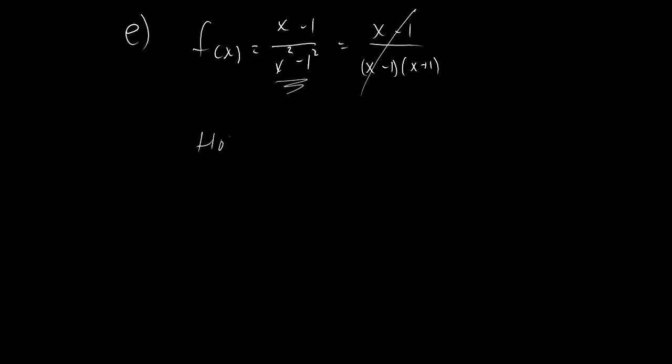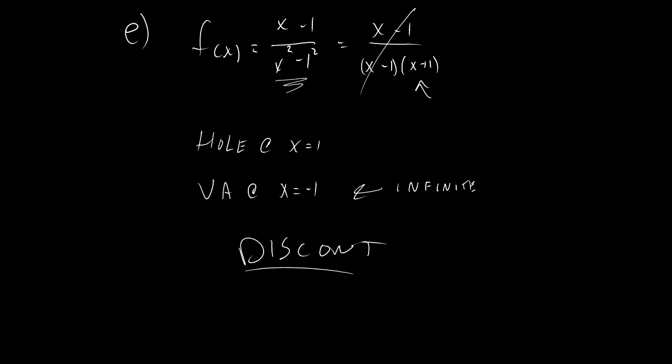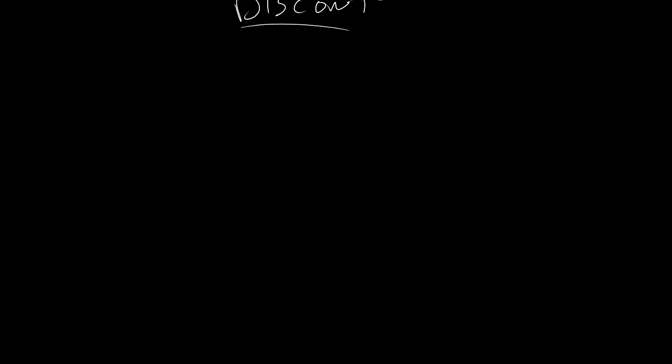So there's a hole at x is equal to 1, and I notice from the second piece that I have a VA at x is equal to negative 1. So if I have a hole and a vertical asymptote, that means I have an infinite discontinuity here, and I have a hole, so therefore this function is discontinuous. And you should have tried F already, but if you haven't, then pause me and go on to that one.